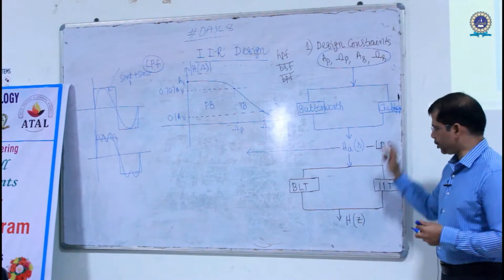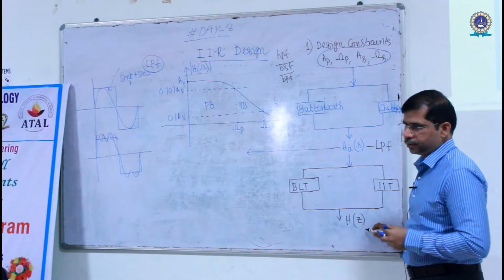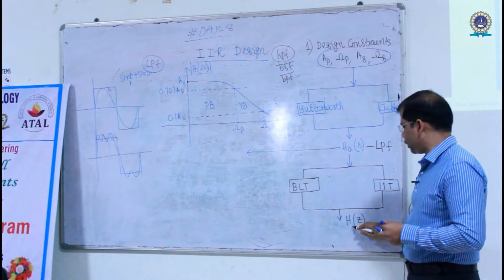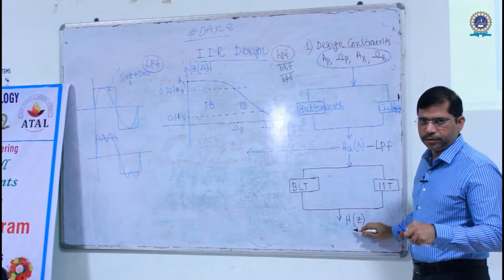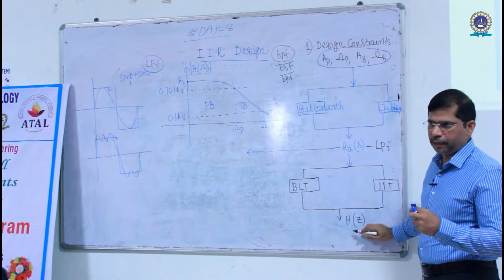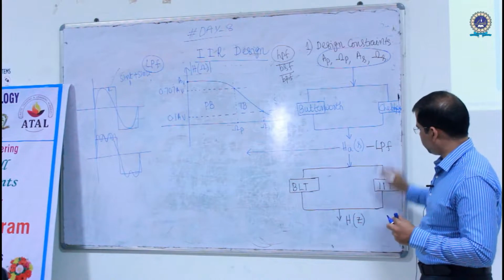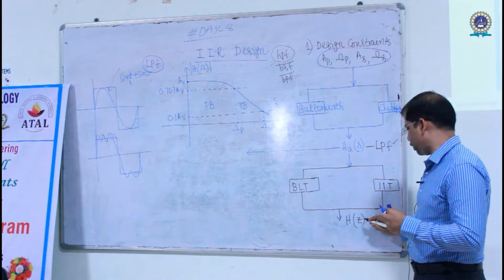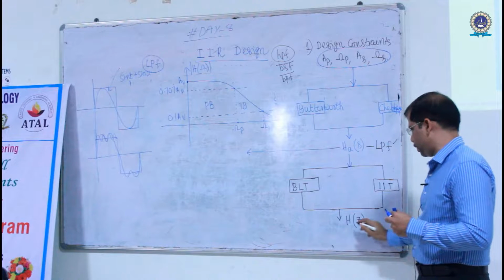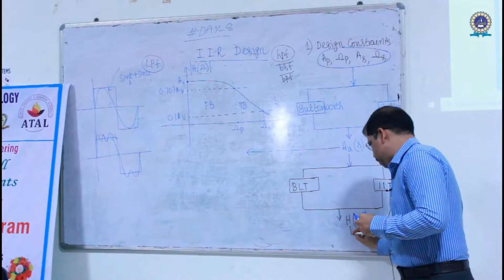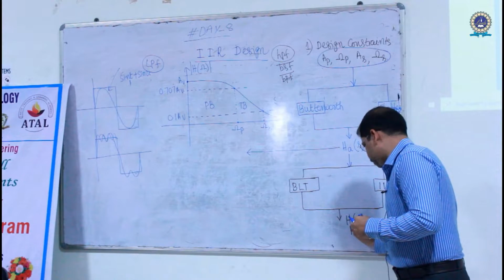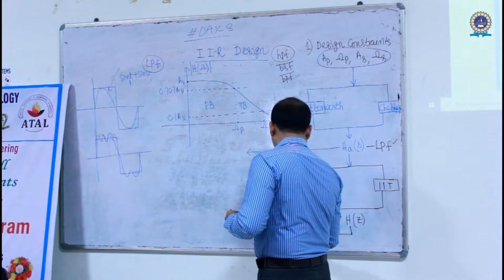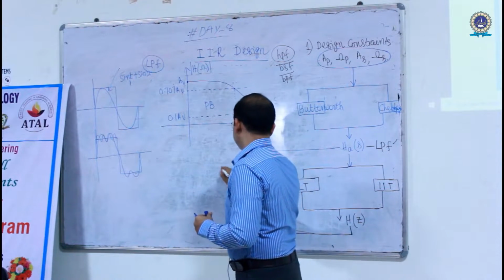You get the h of z low pass filter, and let us say the task is a high pass filter. Now you can convert this digital low pass filter to digital high pass, band pass or band stop, using filter to filter techniques. So this is h of z. Once you get this h of z, then you have to realize this.